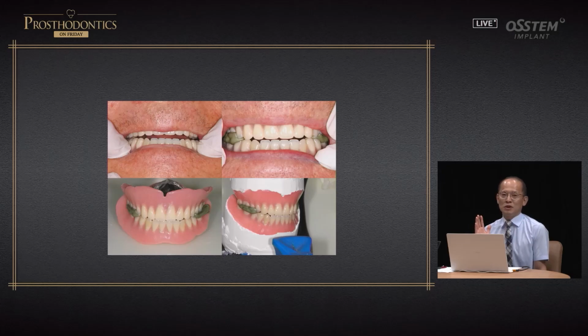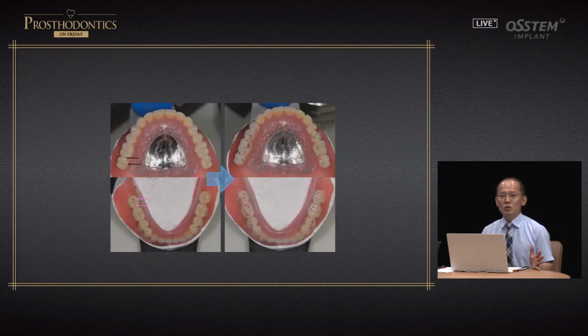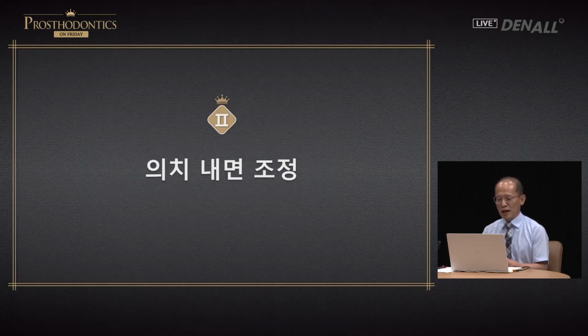So to obtain this, be it a full denture, especially for the edentulous patient, you have to do the clinical mounting. So you need this type of contact mark in many places. You see on the right side is the key to solve the issues. So the appropriateness of the occlusal plane is also the key, as I said.